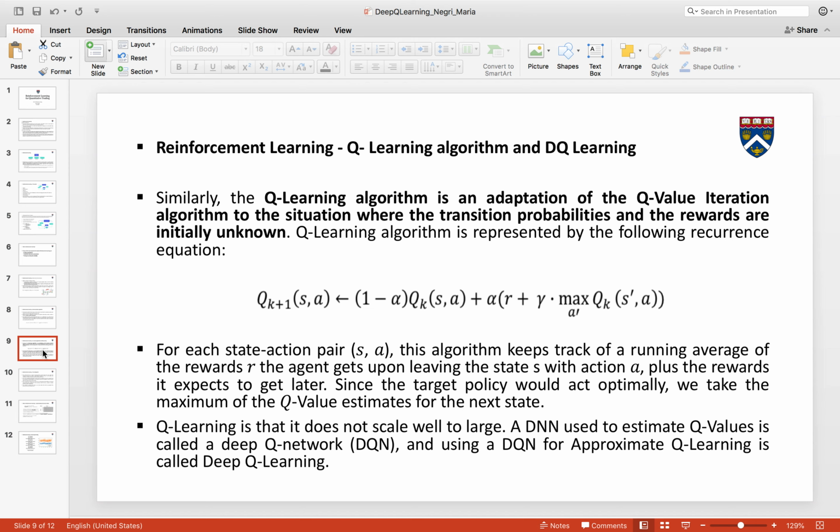Similarly, the Q-learning algorithm is an adaptation of the Q-value iteration algorithm to the situation where the transition probabilities and the rewards are initially unknown. The Q-learning algorithm is represented by the following recurrence equation.